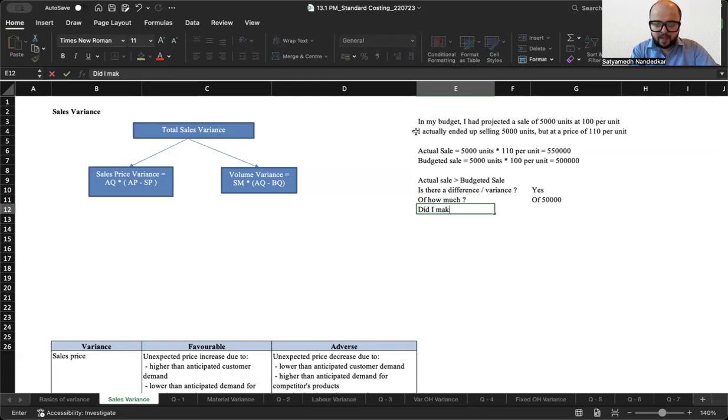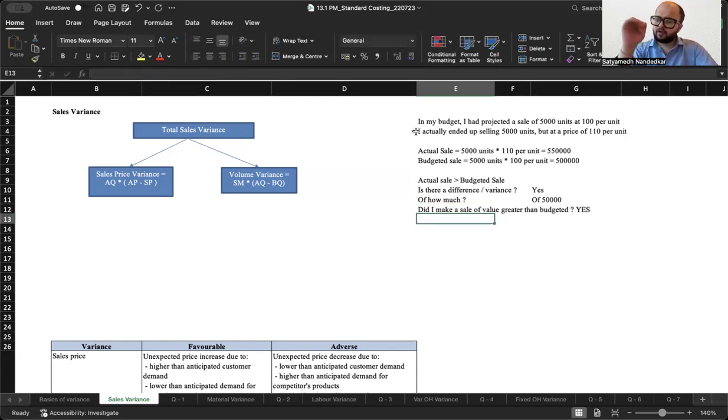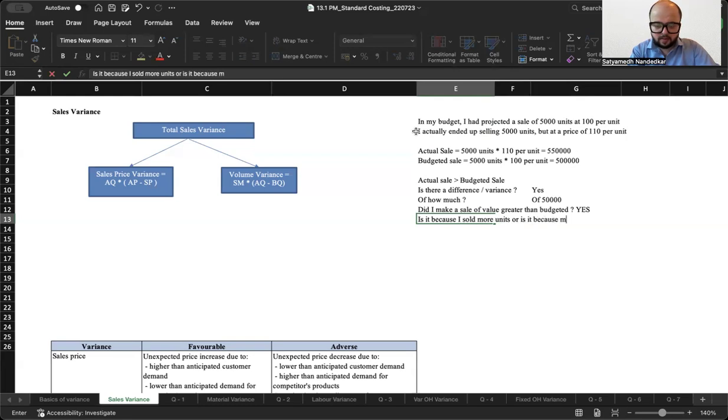Did I make a sale of value greater than budgeted? Yes, of course. Now, is it because I sold more units, or is it because my selling price was more? I got more revenue than what I had budgeted, but it is not because I sold more units.